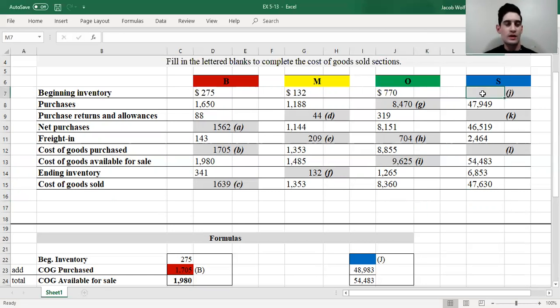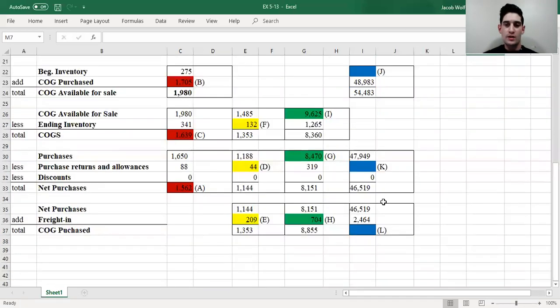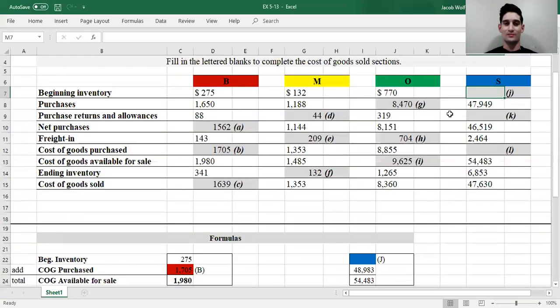But as we look at J, to solve for beginning inventory, we take our cost of goods available for sale, subtract cost of goods purchased, and that will get us our beginning inventory. I remember now. The reason I was having trouble with beginning inventory is because we have to solve cost of goods purchased first, because it is not given to us.